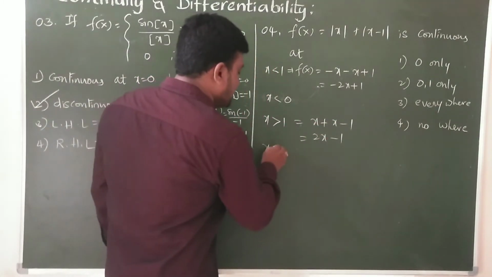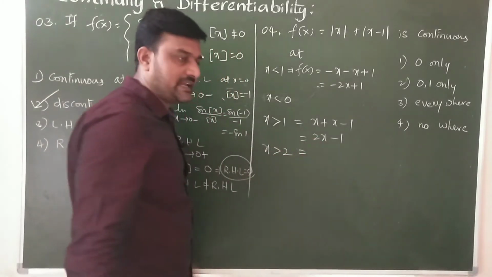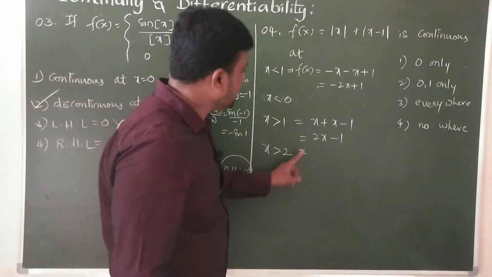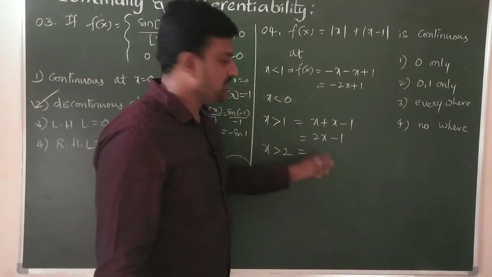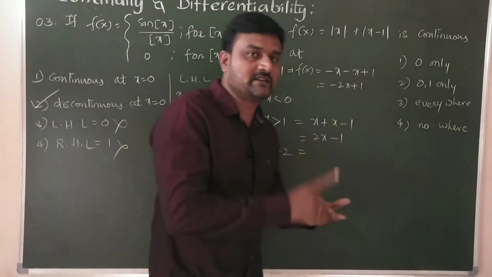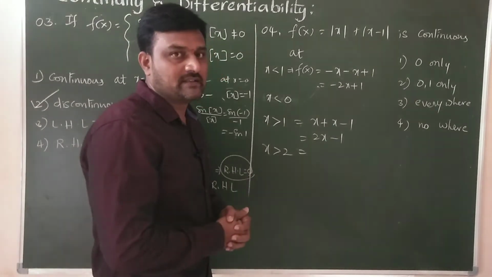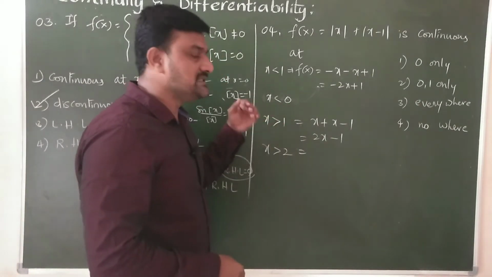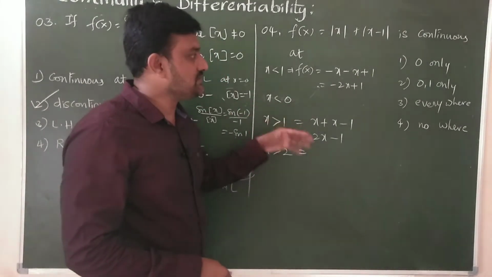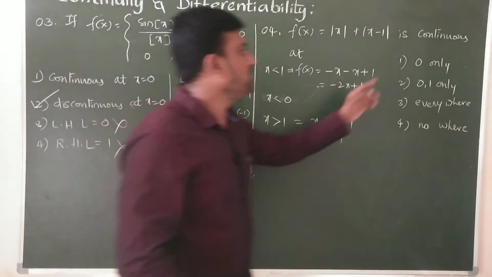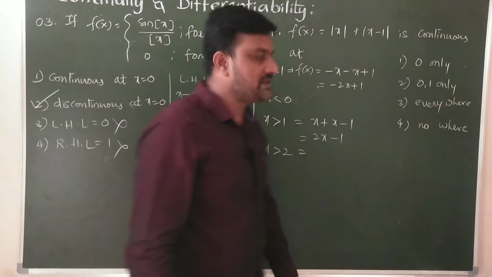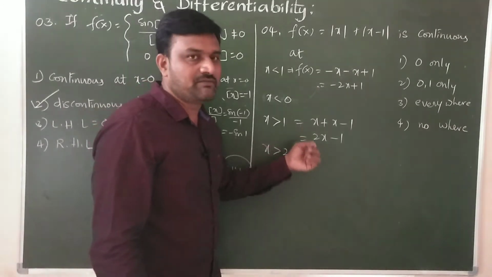So at x greater than 2, definitely we will get the same function, for x greater than 3 or 4, like that. Okay. Here also x less than 0, x less than minus 1, minus 2, anywhere. So everywhere it should be continuous, because we will get the same function.